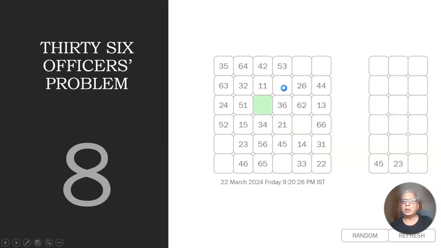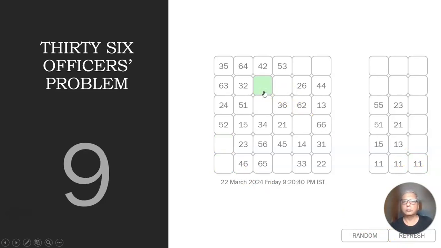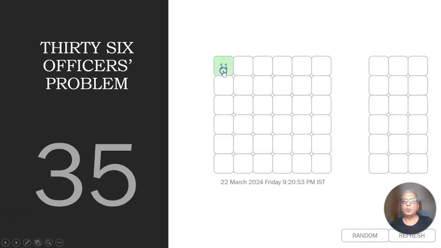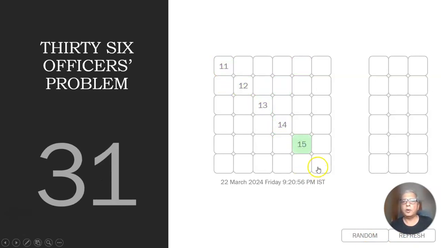Maybe another easier way of doing it will be to use the sequential method. No, I'm not able to go below 8. So let me try the sequential method. 11, 12, 13, 14, 15, 16.